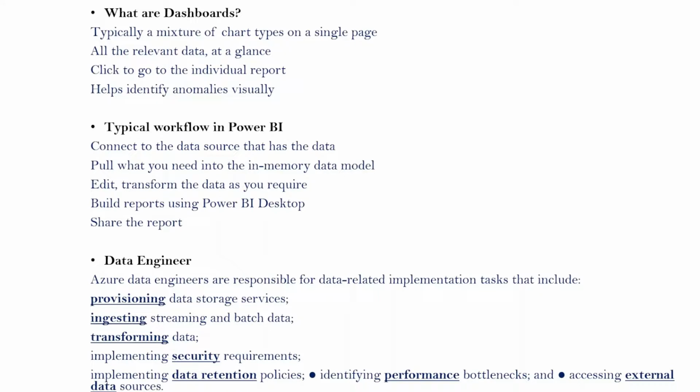Then identifying the performance bottlenecks. One point we already have talked about, but we didn't go into detail, that is the performance part. If you are creating a pipeline, setting up your services, you also have to think about the performance. We just talked about OLTP, OLAP.